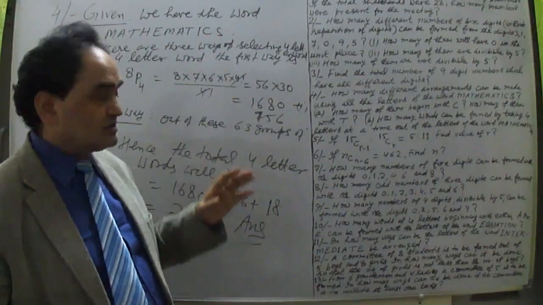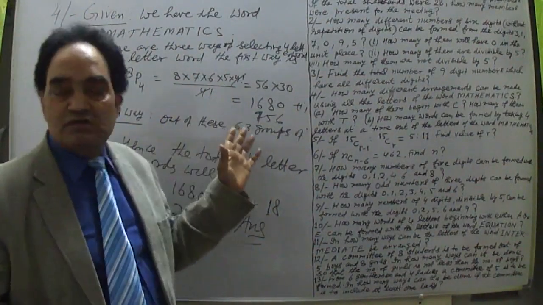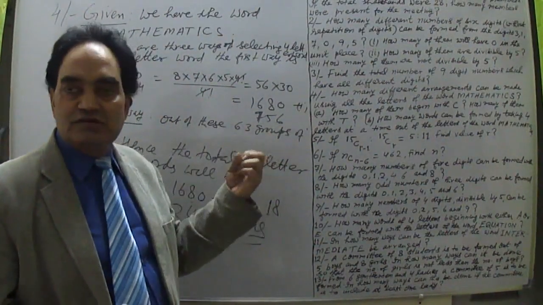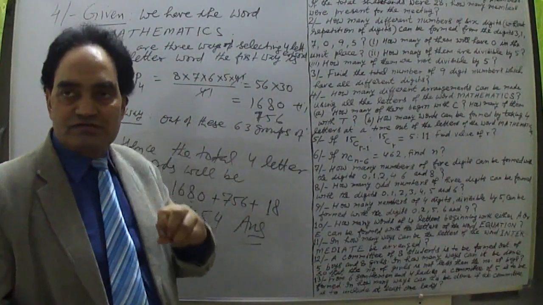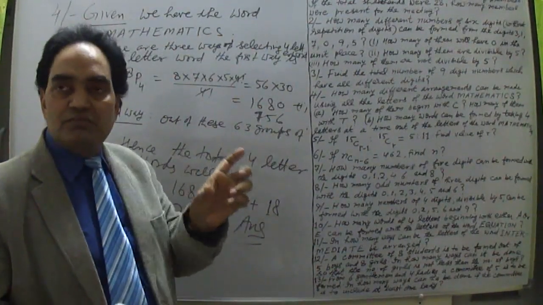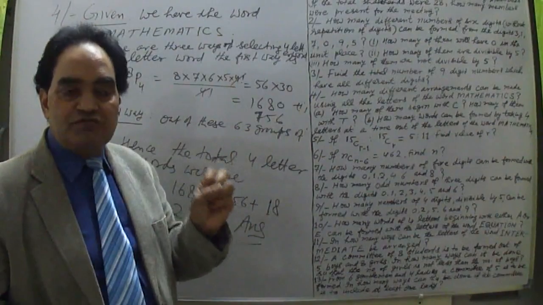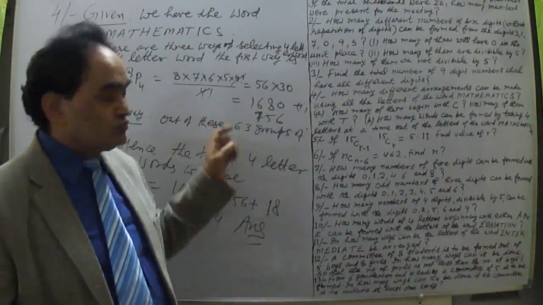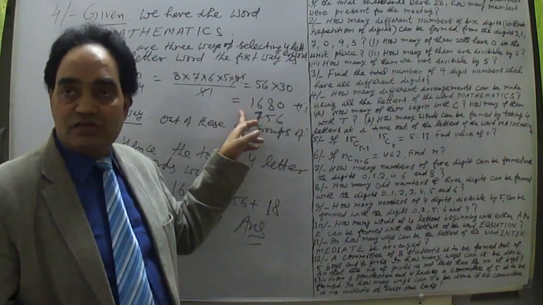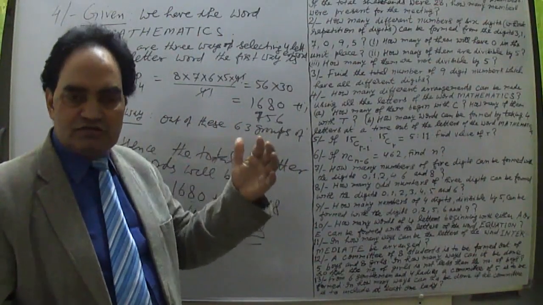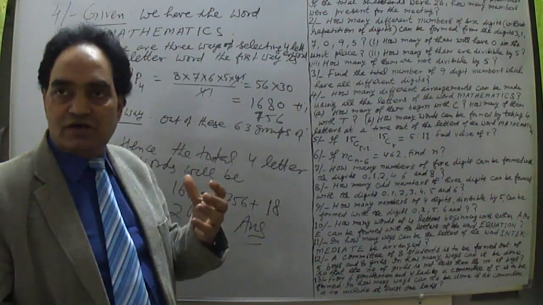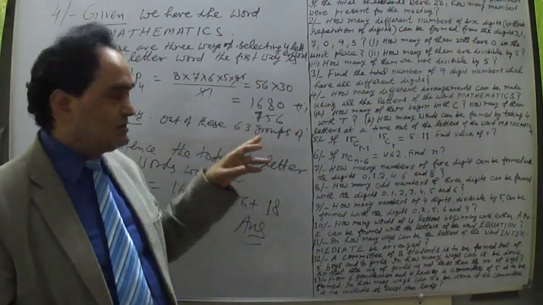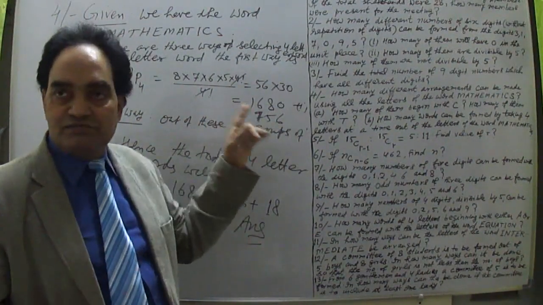4 letter words are selected, out of which 3 pairs of similar letters are there and 5 are of different characters. So 3 plus 5, 8 types of different character letters are there in this word mathematics. Out of those 8 different kinds of characters, 4 letters were selected in 8P4 ways, that was total 1680, that was the first type.